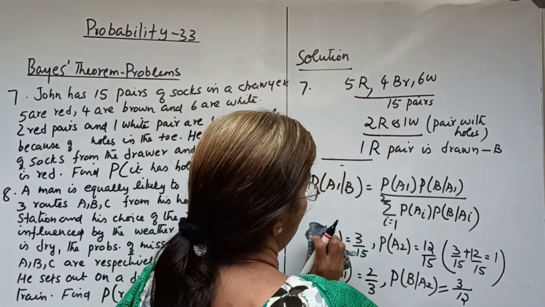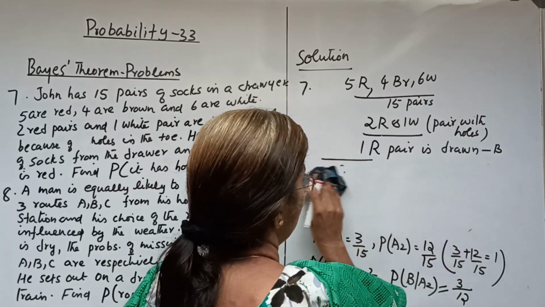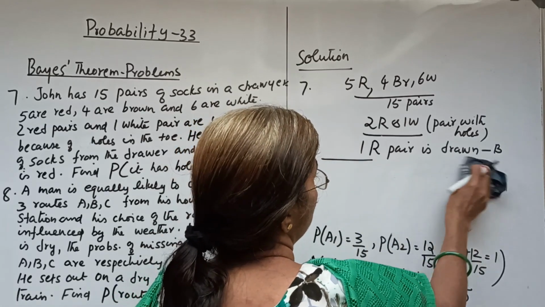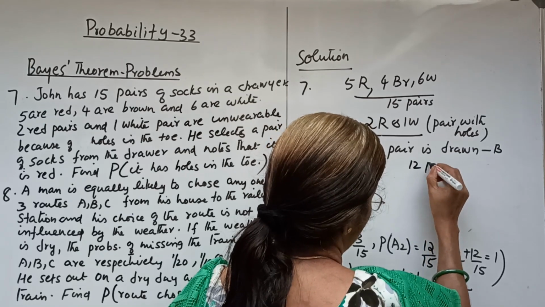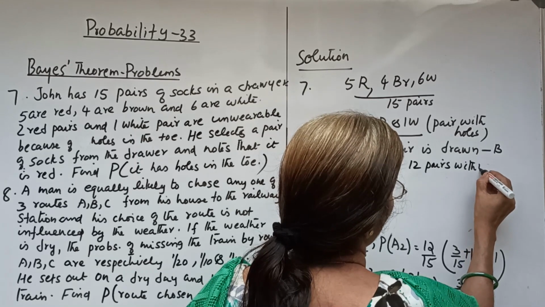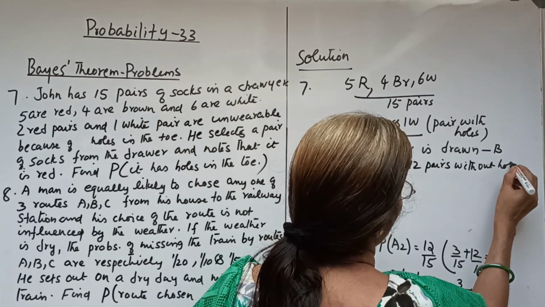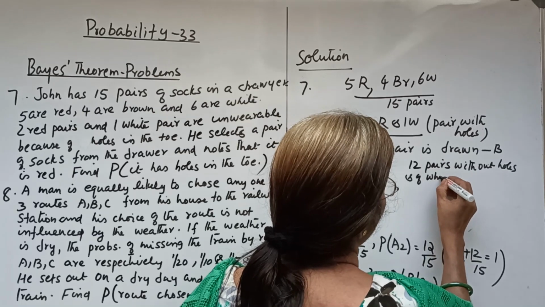Okay, so let me write here, 12 pairs without holes and of which 3 are red.